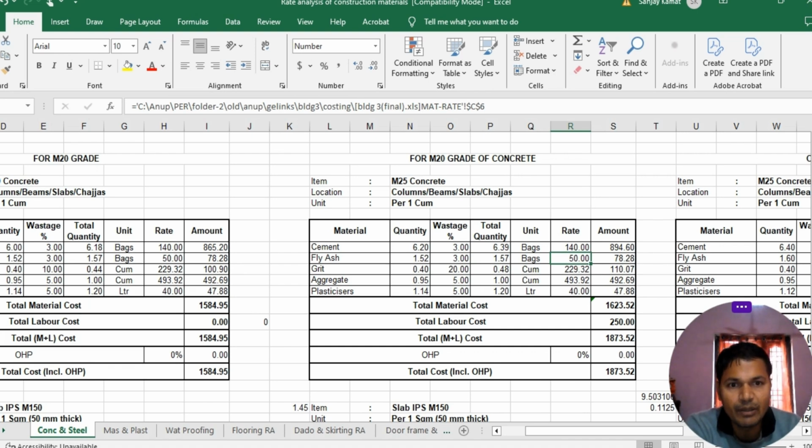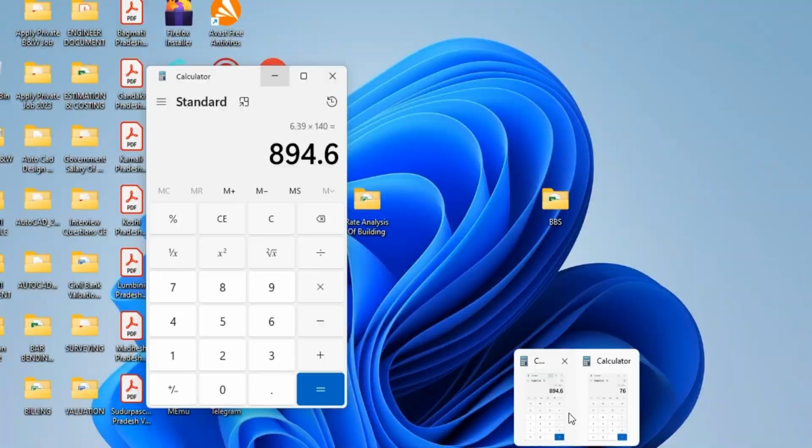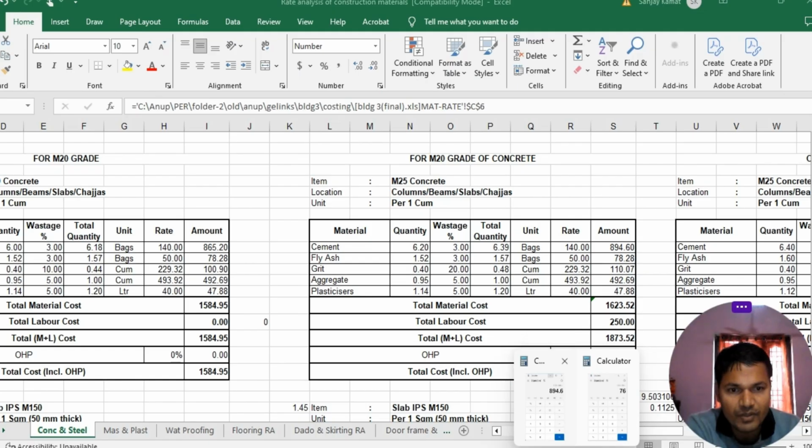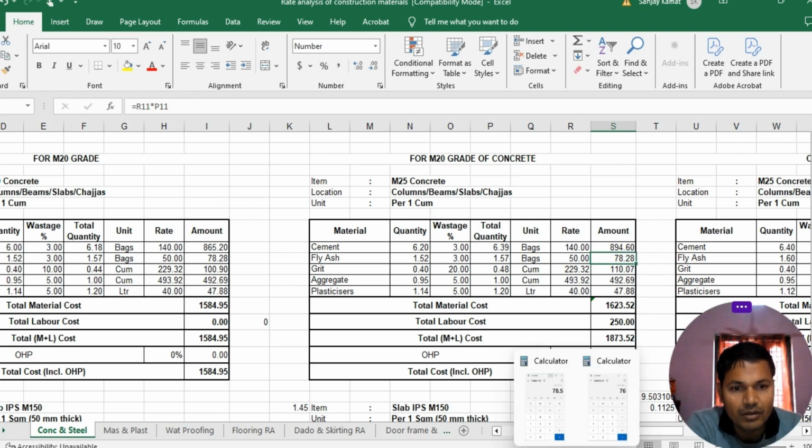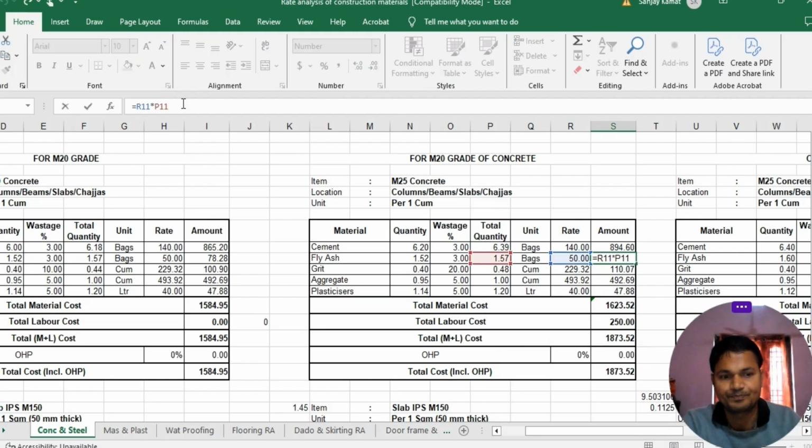If you multiply 50 with 1.57, how much will it come? It is 78.5. We have to write it down here.